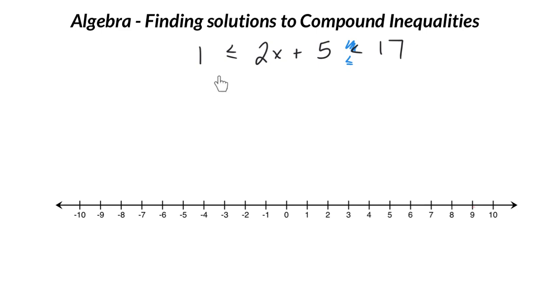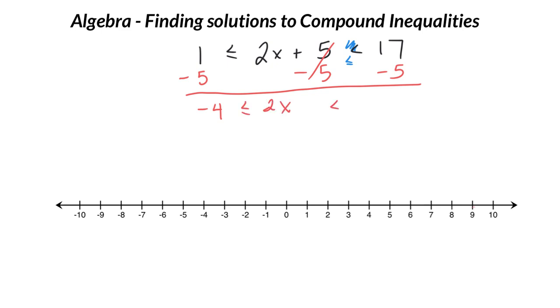But I would urge you to just solve all of this at once. The first thing I'd like to do is subtract 5 from all parts, since I'm really solving two algebra problems at once. So I've got negative 4 is less than or equal to 2x, which is less than 12.